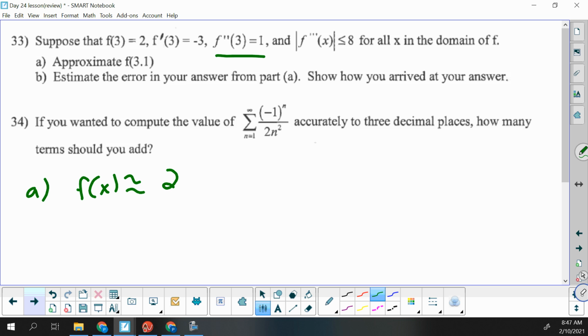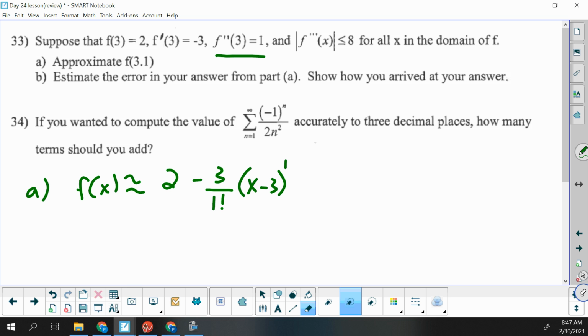So it's approximately our value at 3 plus, oops, actually it's going to be minus, because we have minus 3, and this is technically over 1 factorial, and then we have x minus our center to the first. Then we've got our second derivative over 2 factorial times x minus 3 to the second.